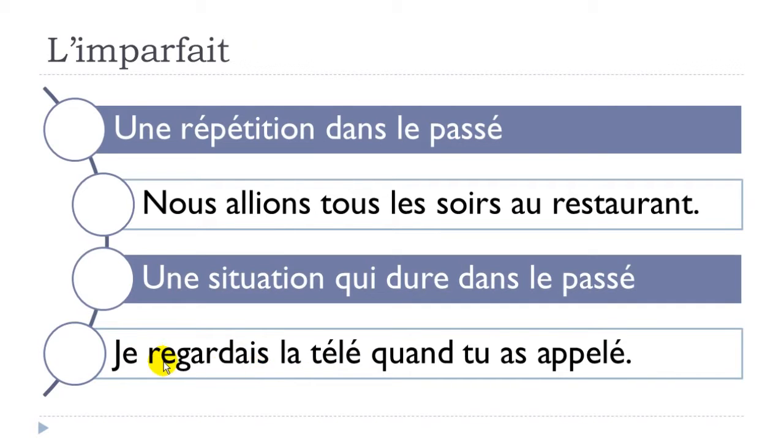In that case, you use l'imparfait because it lasts a while when you watch TV, if it's a movie or something like that. When tu as appelé, appeler is to call on the phone, for instance. So you want to make the difference between something that happens, an action, so tu as appelé, and here you use l'imparfait because it lasts longer. So, je regardais la télé quand tu as appelé.